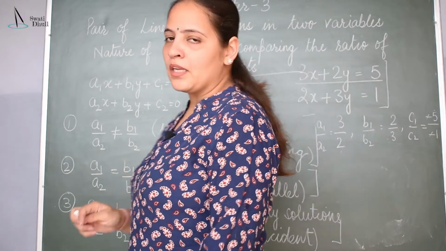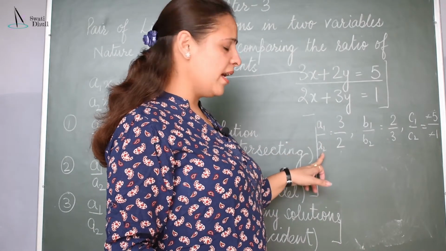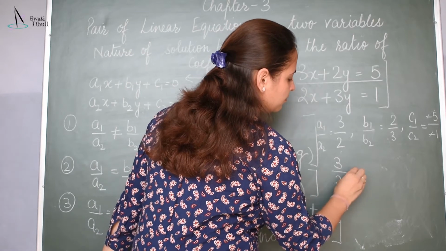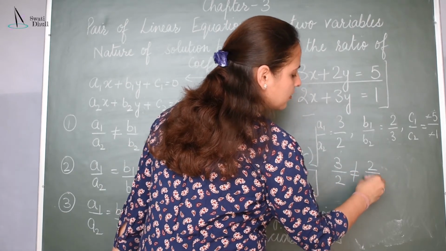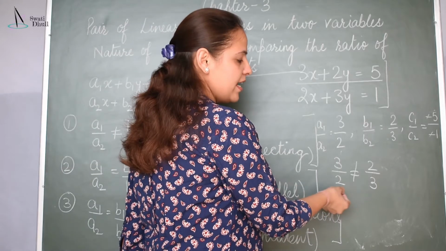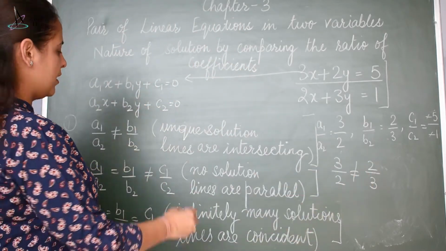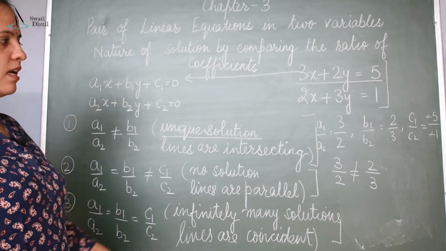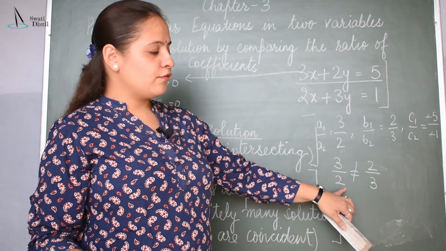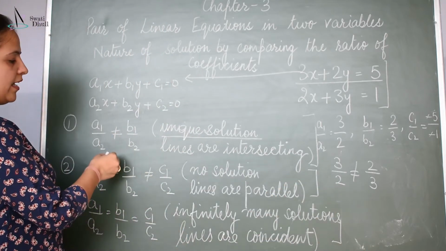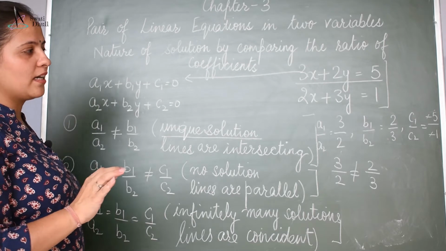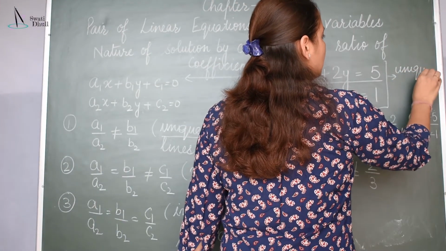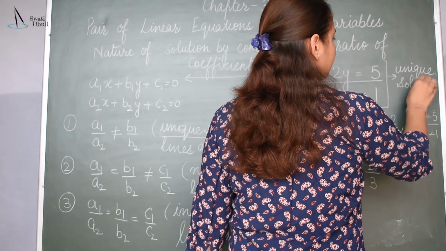So look here, a1 by a2 is 3 by 2, which is not equal to 2 by 3. That means a1 by a2 is not equal to b1 by b2. So it will have a unique solution. You can easily tell by comparing the ratio of the coefficients. So this system of linear equations has a unique solution.